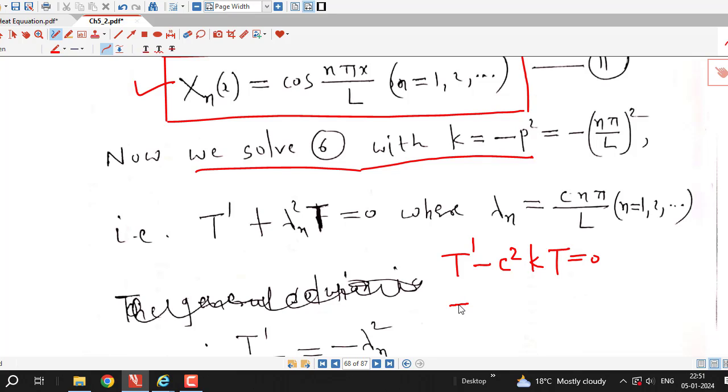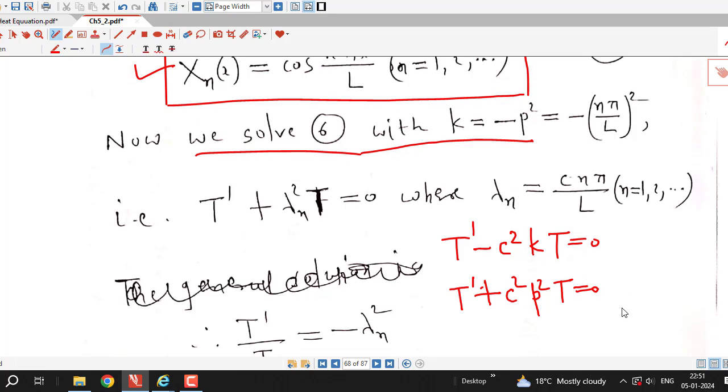If I take this k equal to minus p square, I will get t dash plus c square p square t equal to 0. Now p is n pi over L, so here we can see that is going to be c n pi over L whole square, and we denote this quantity c n pi over L by lambda n, so that we have written here.